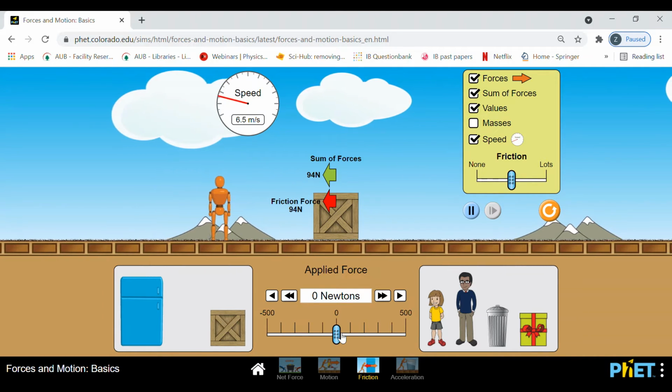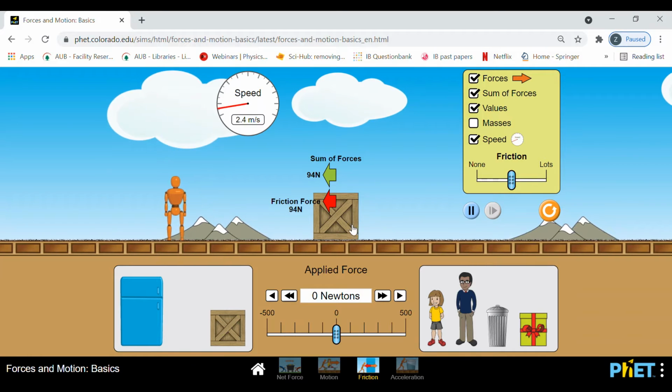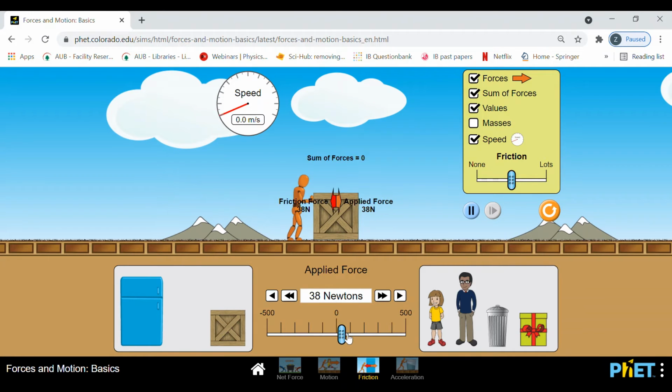Now let's see exactly what happened at this instant. So we said this is around 130 newtons, so I'm going to move slowly. With a magnitude of 106, we're still with the same thing. 120, friction is still equal to the applied force.